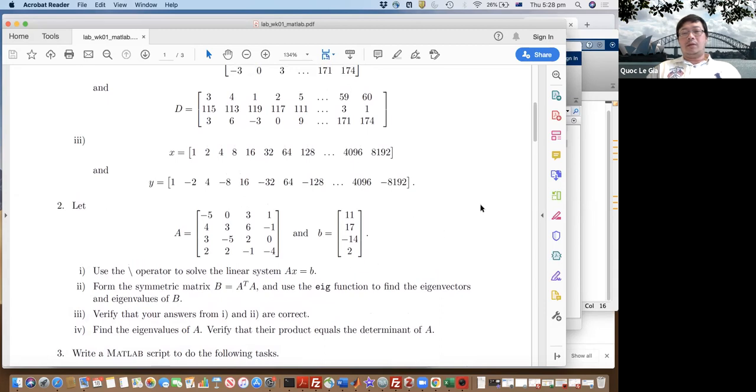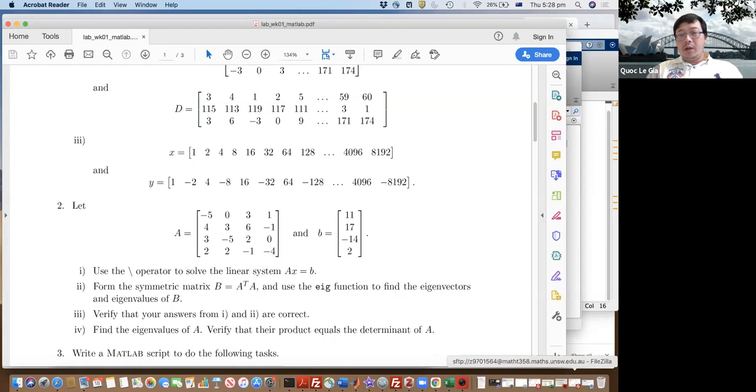Plug in Ax, and then make sure it's B. Yes, that's correct. So essentially, I'm going to do exactly what you said, but I'm going to define a variable called errors.